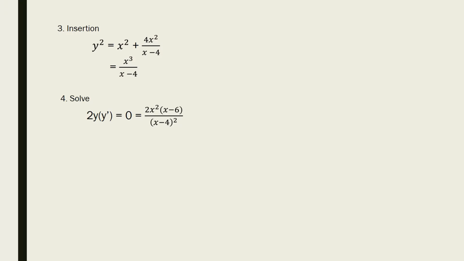Then we can solve by differentiating the function and setting it to 0. 2y prime equals the differentiation of the function, which is 2x squared times x minus 6 over x minus 4 squared.